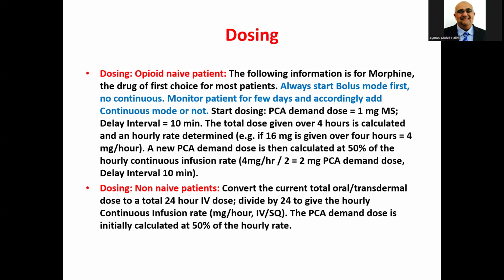Then you calculate the amount of opioids he's taking over 24 hours, and then divide the hourly rate by 2. This will give you the PCA demand dose. So what I'm trying to say is each condition is different, okay?